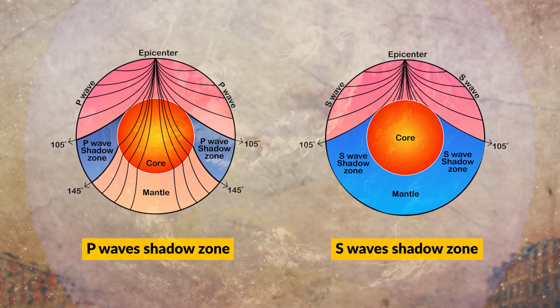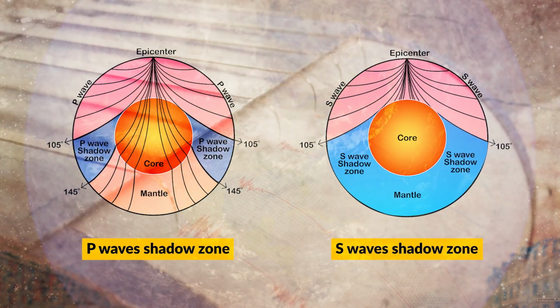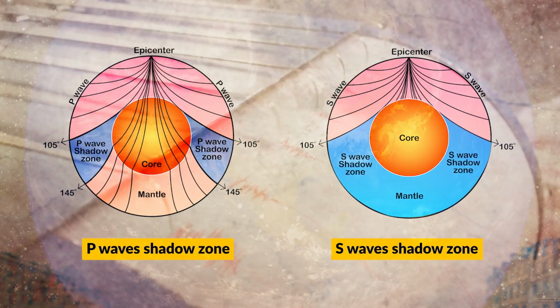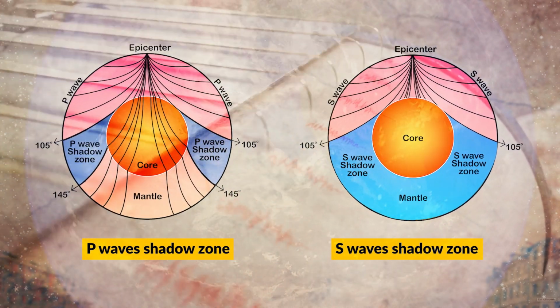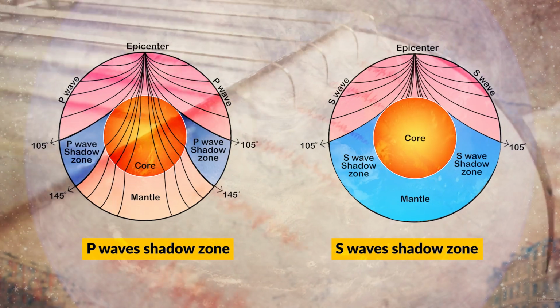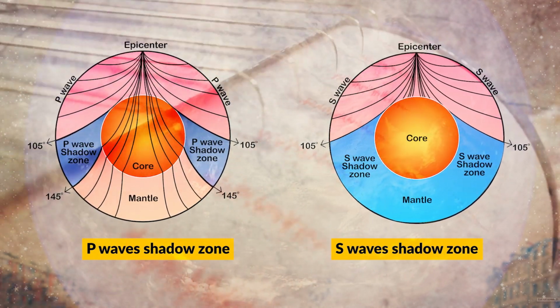It was observed that seismographs located at any distance within 105 degrees from the epicenter recorded the arrival of both P and S waves.